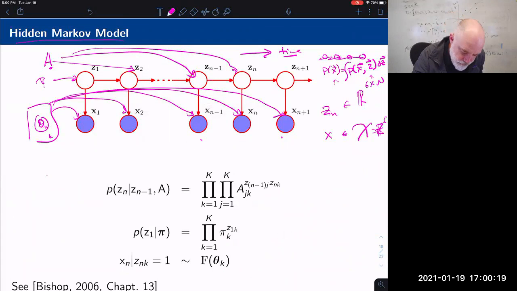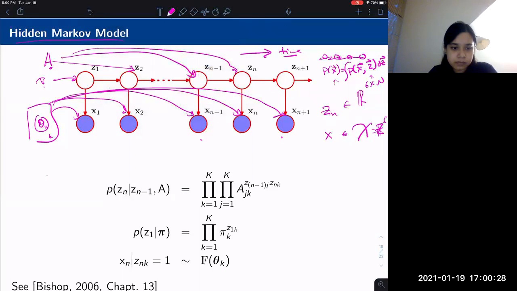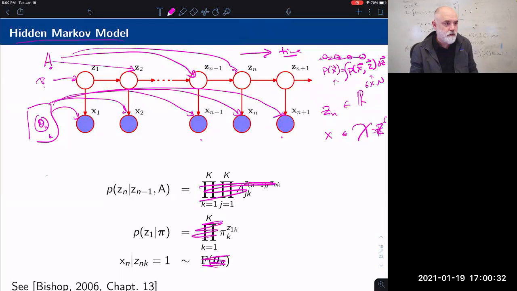Okay, so if we're going to do that, if we're doing robot localization, what would we have? What's latent?